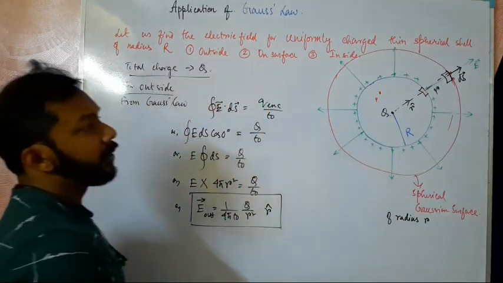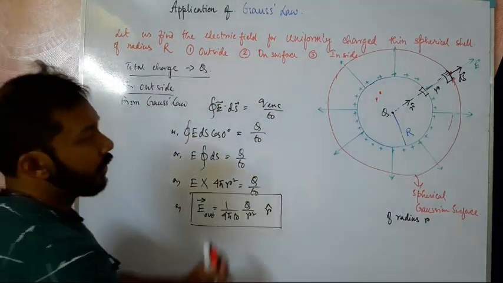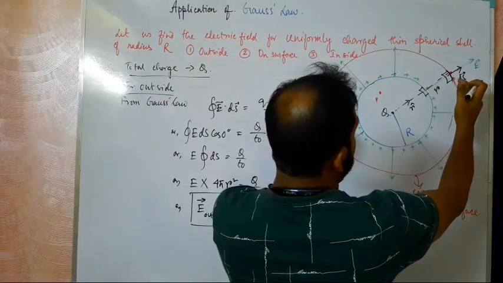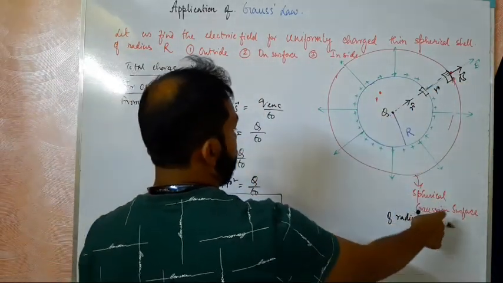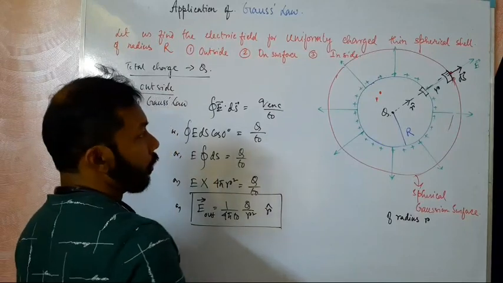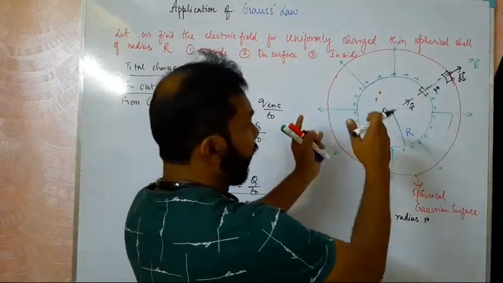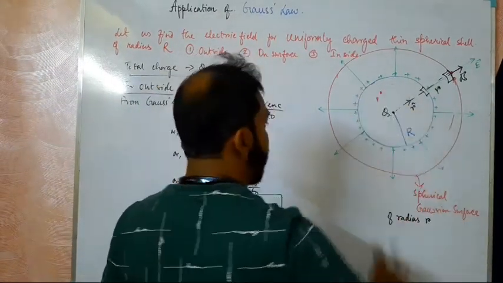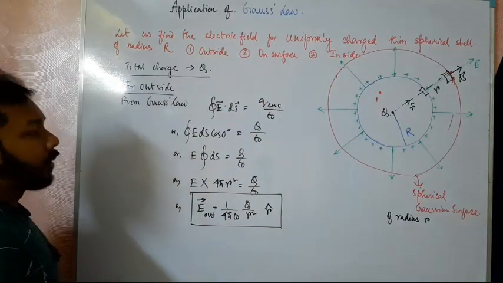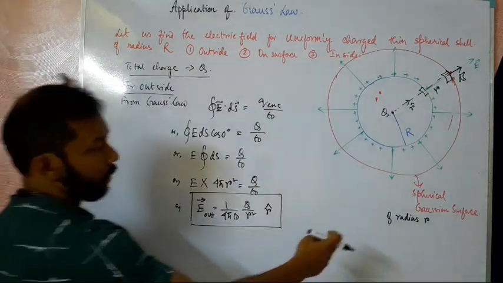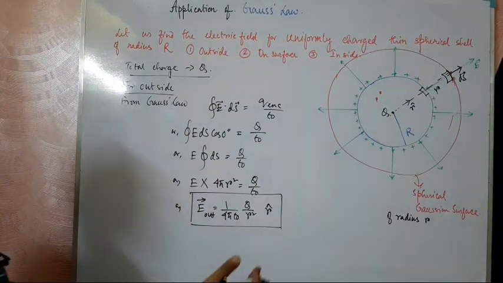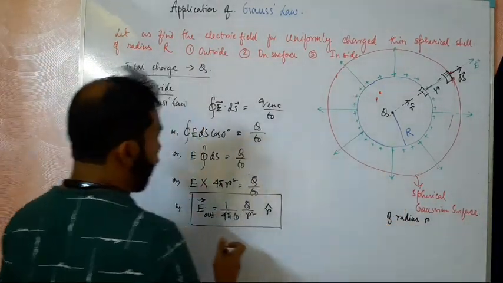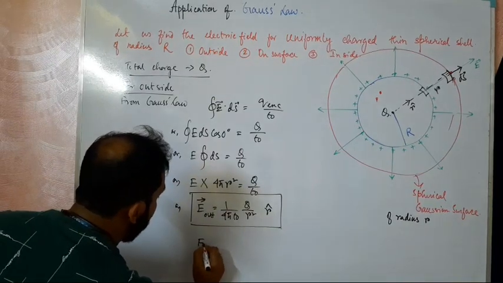If we have to find this electric field at the surface of the sphere, what will we do? We just decrease the radius of the Gaussian surface, so that the Gaussian surface tightly fits on the surface of the sphere itself. Then the radius of the Gaussian surface will become capital R, and if we replace small r by capital R, we will get the electric field at the surface.